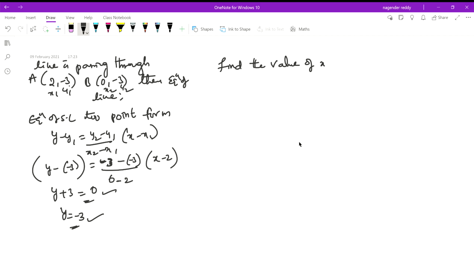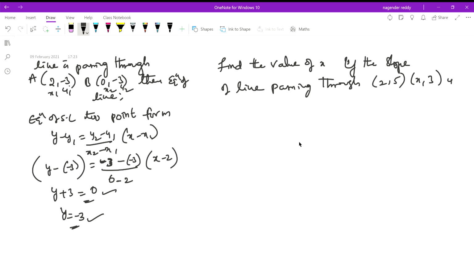If the slope of a line passing through (2, 5) and (x, 3) is 2, what is given here? The slope of the two points is given as 2, and we have to find the value of x.